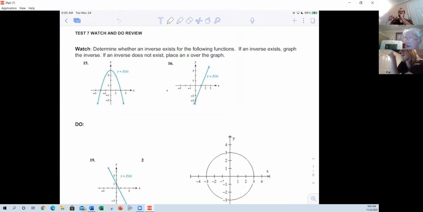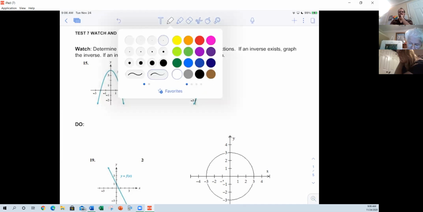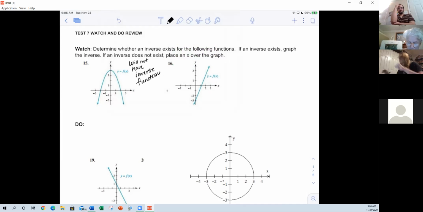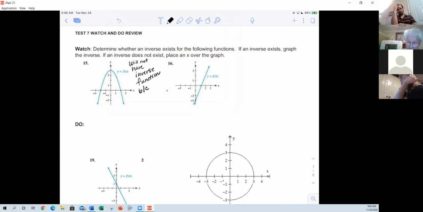So the answer to that is this will not have an inverse function, because it has two y values.